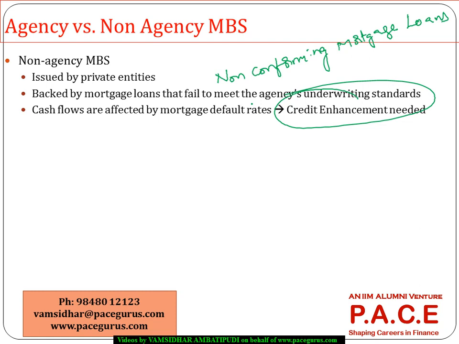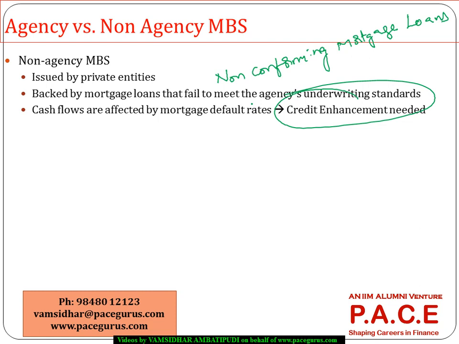Most of the mortgages included in them are non-conforming loans. Either they may have a very high loan to value ratio, or a very high payment to income ratio, or the loan amount itself could be much higher. All these things generally go as part of non-conforming.